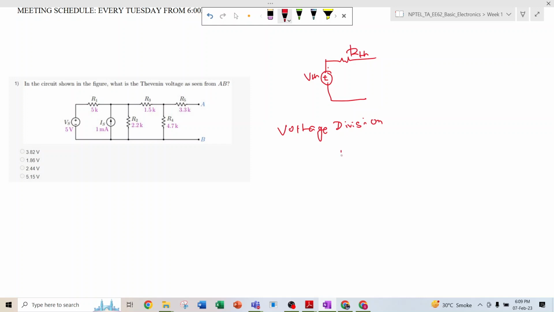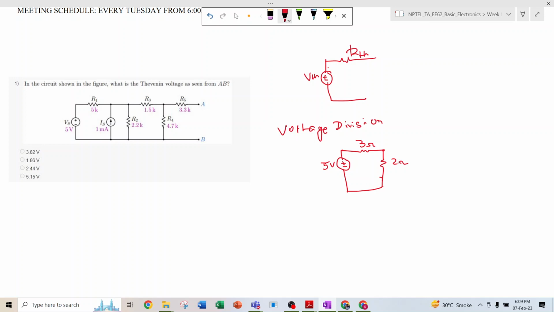So basically, suppose there is a 5 volt voltage source, and there are some resistances, let us consider 3 ohm and 2 ohm. Some of the voltage will appear across 3 ohm, and some of the voltage will appear across the 2 ohm.